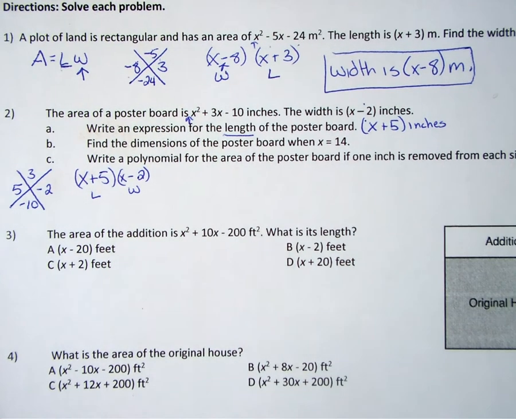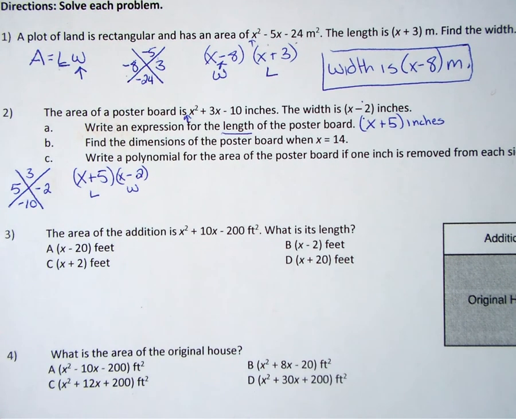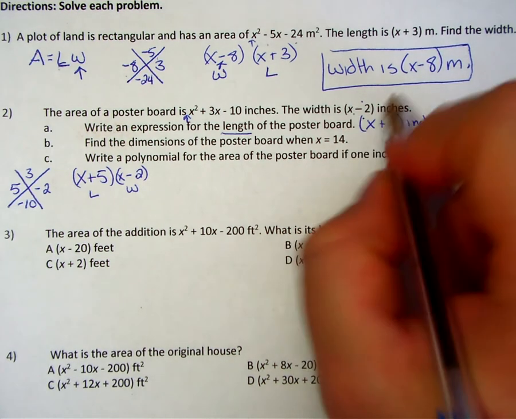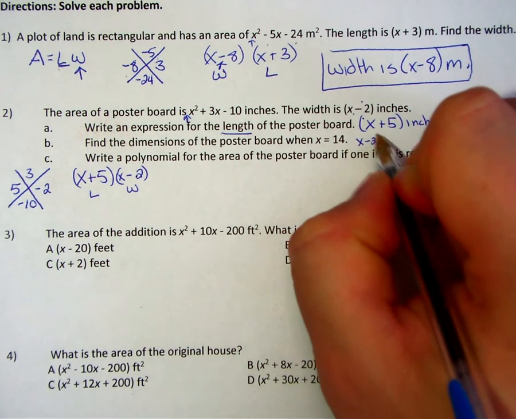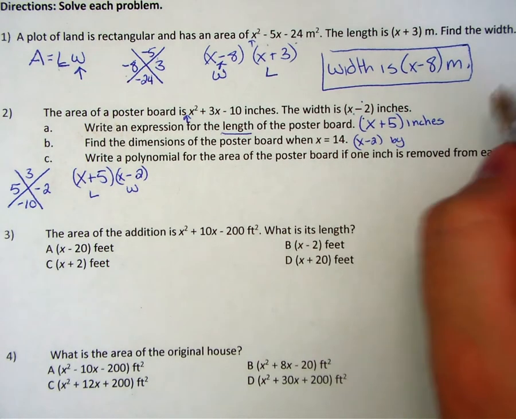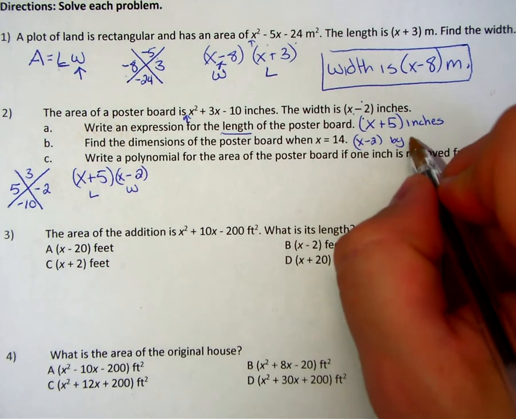Now it asks, find the dimensions of the poster when x is 14. Well, the dimensions are simply the length and the width. We were told that the width is x minus 2, and we know that the length is x plus 5.